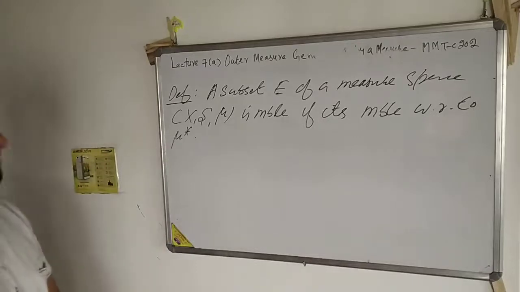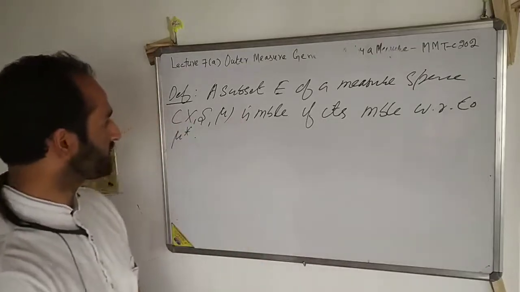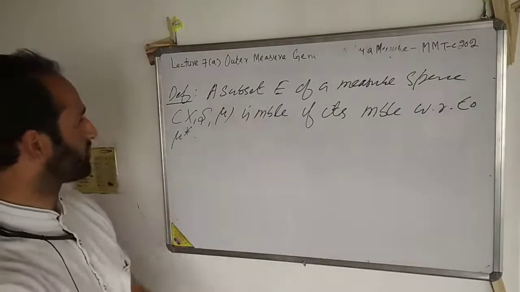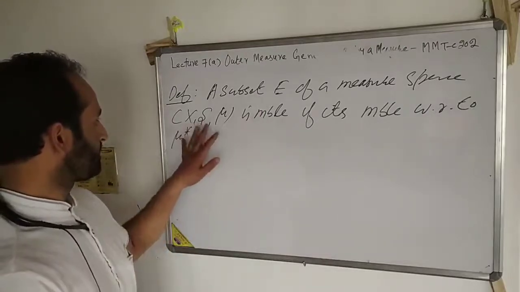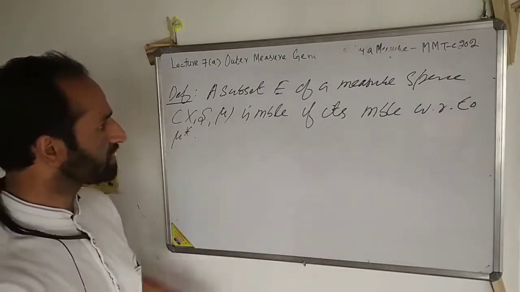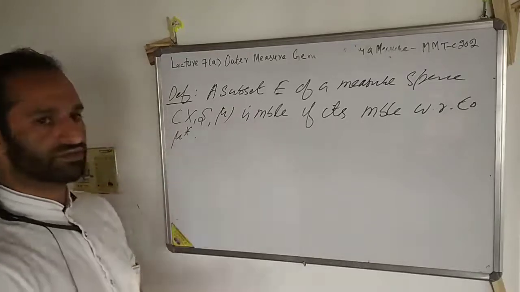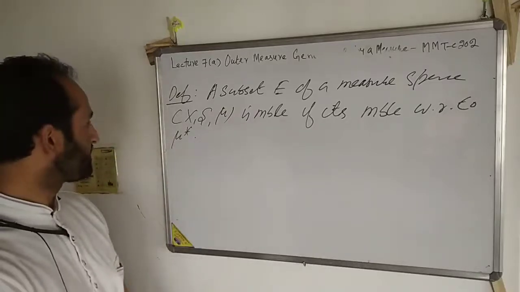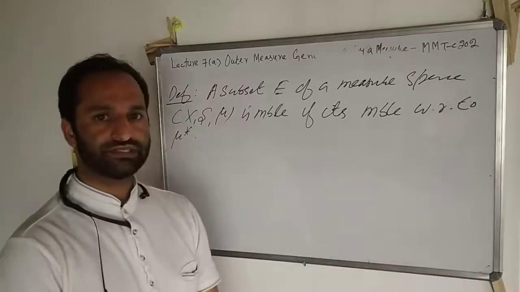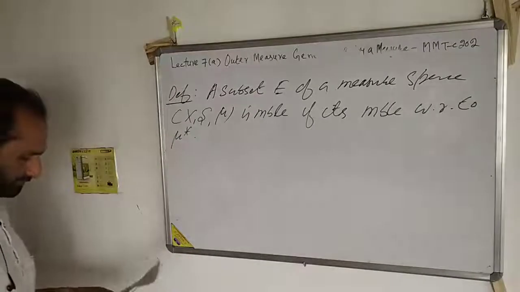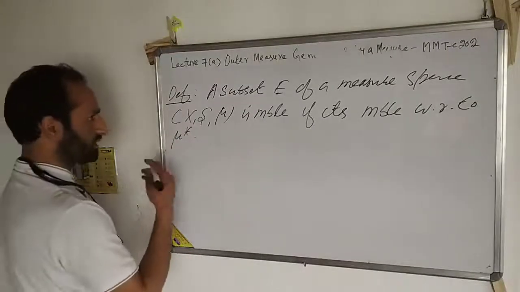So we say a subset E of a fixed measure space, it's any subset of X, is measurable if it's measurable with respect to μ*, where μ* is the outer measure generated by the measure μ. So let's have the following theorem.